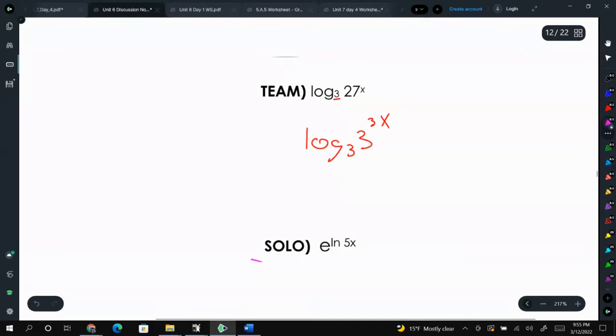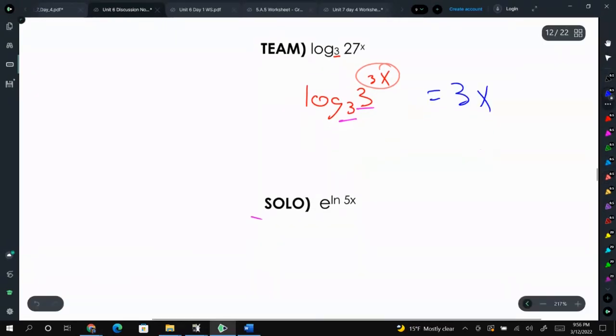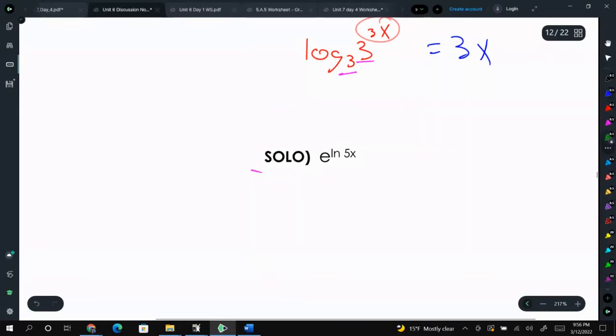Okay, well, we know that when we have log base b of b to a power, your simplification is just that exponent. So this is going to be 3x. We know that ln is log base e, so this is just going to equal 5x, your exponent right here.